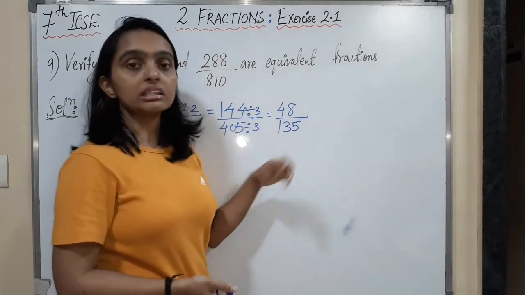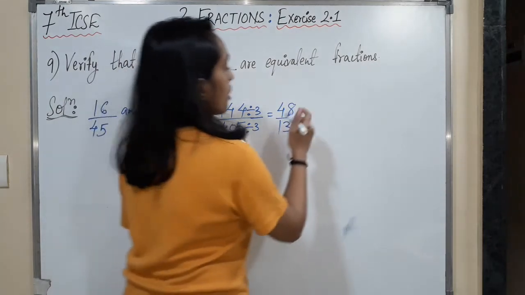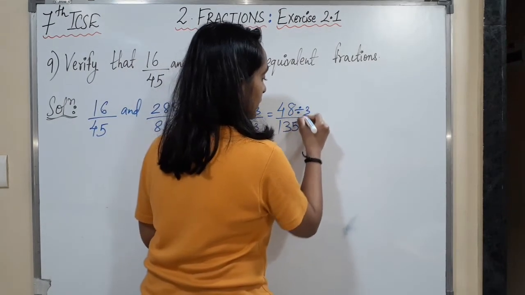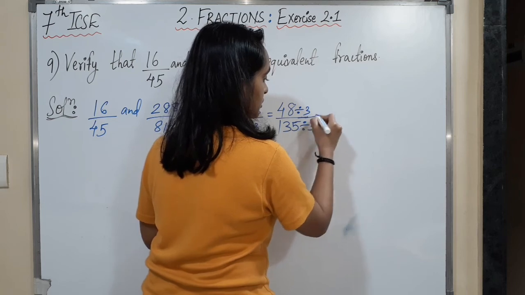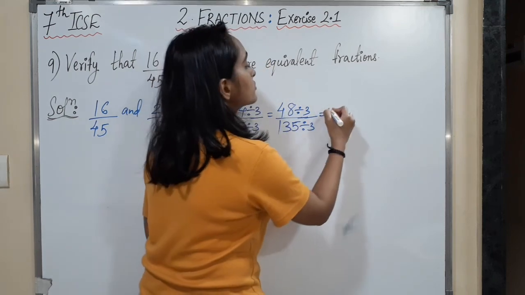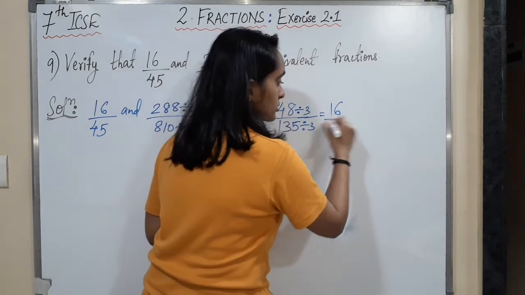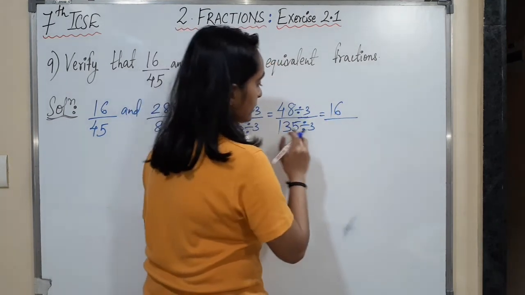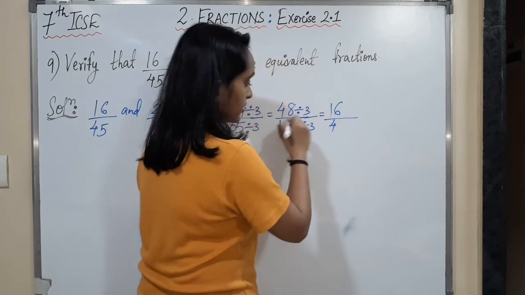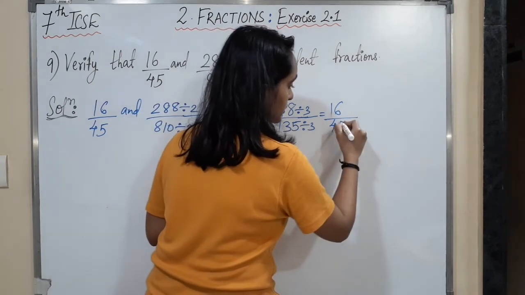Now this number is again divisible by 3. So dividing it by 3, you will get 16 upon 45.